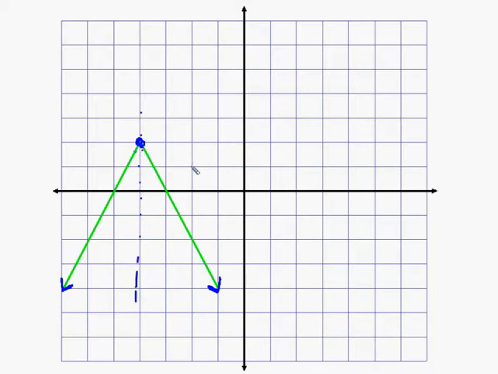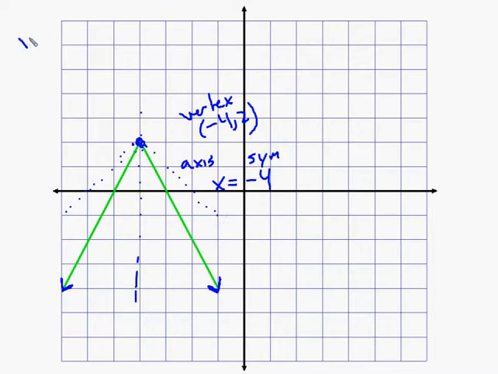Our axis of symmetry is x equals what? -4. What's our vertex? -4, 2. So, and now we notice something. Normally, my absolute value goes like up one, right one, but not this one. It's flipped upside down. So this would be y equals absolute value of x. That's our parent.